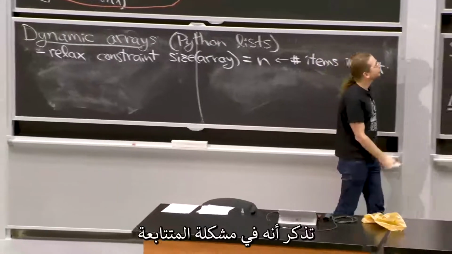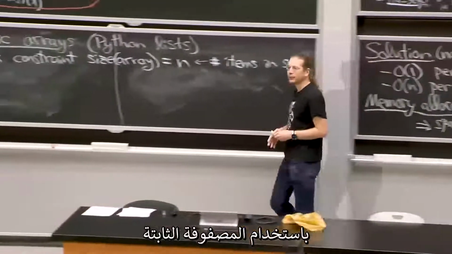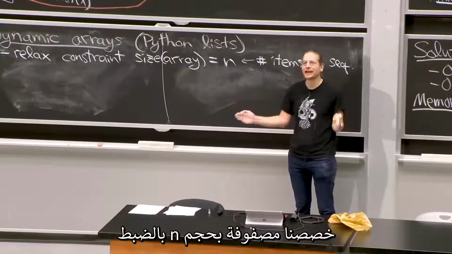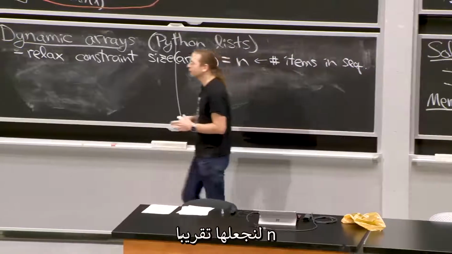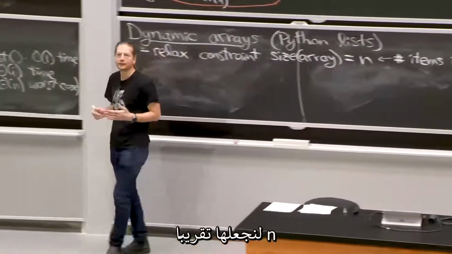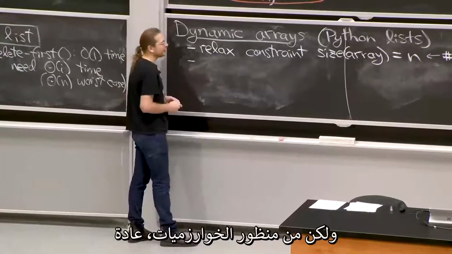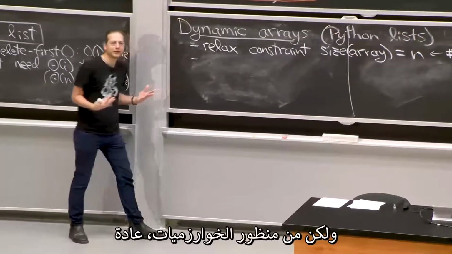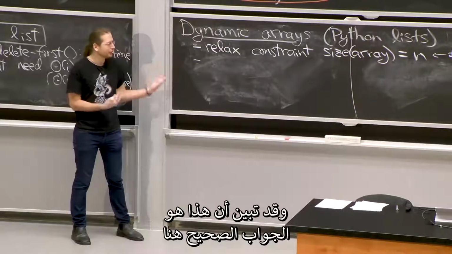Remember in the sequence problem, we're supposed to represent n items. With a static array, we allocated an array of size exactly n. So let's relax that. Let's not make it exactly n. Let's make it roughly n. How roughly? You can think about it for a while. But from an algorithm's perspective, usually when we say roughly, we mean throw away constant factors. And that turns out to be the right answer here.